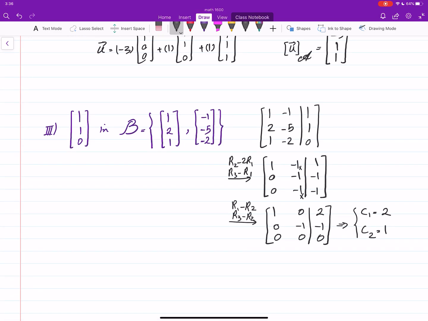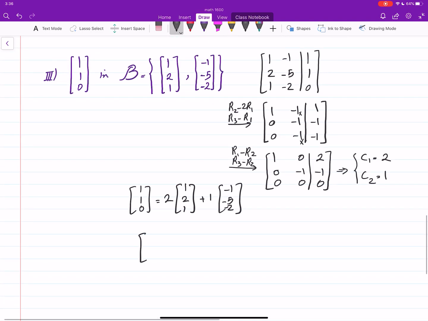In other words, 1 1 0 is 2 times 1 2 1 plus 1 times negative 1 negative 5 negative 2, and 1 1 0 in the basis beta is going to have this coordinate vector 2 1.